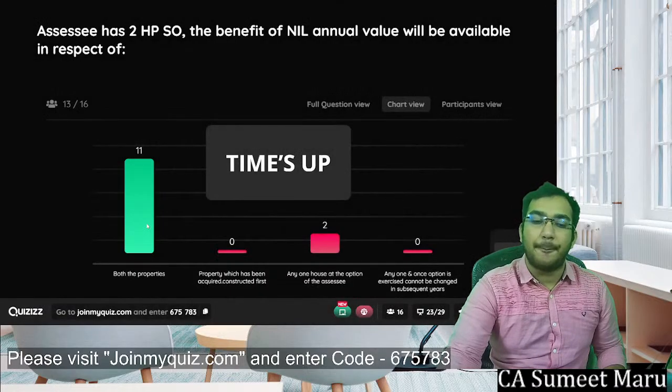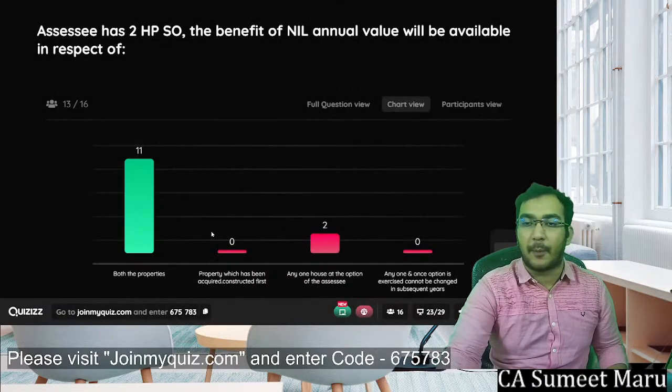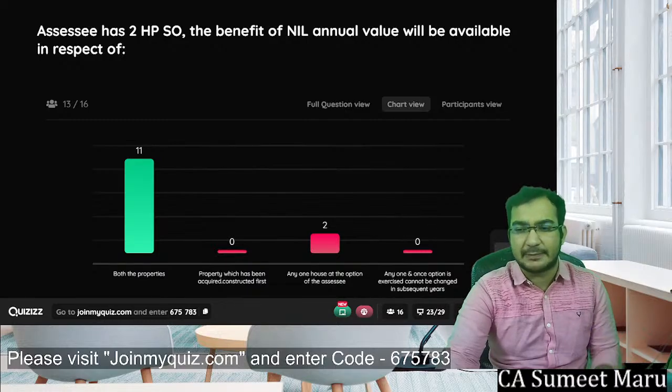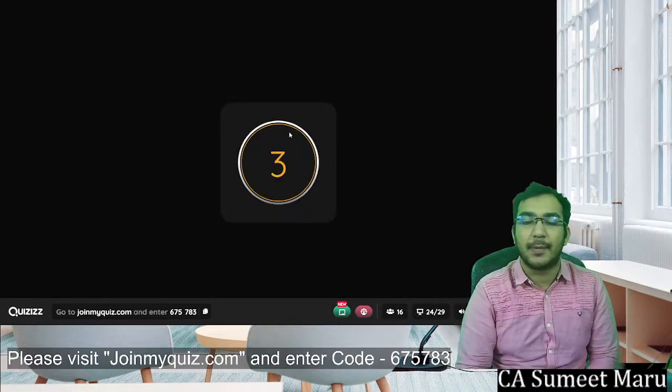And the right answer is option A, both the properties. That's the amendment. That was an amendment 2-3 years back. Next question, question number 24.